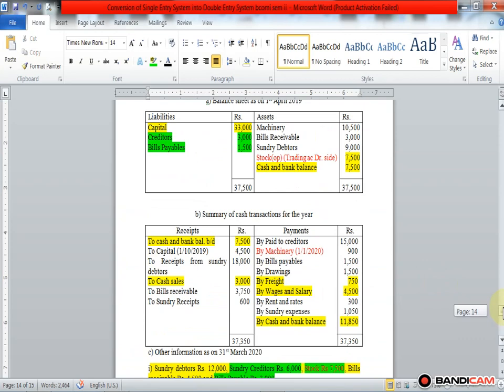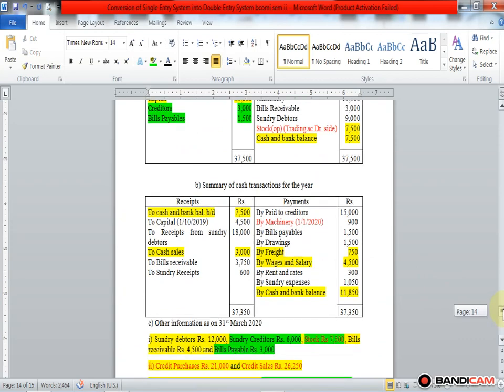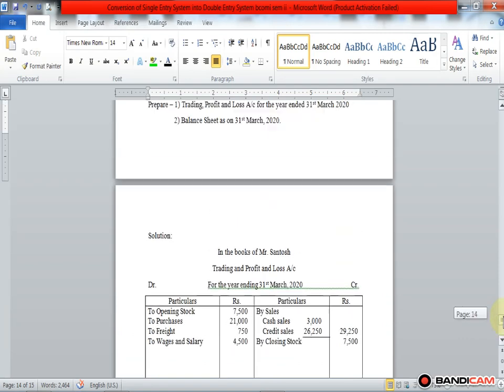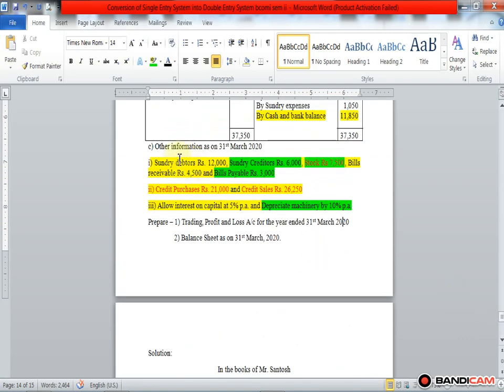Next asset is bills receivable. The closing balance of bills receivable is given to you in the additional information, that is amounted to rupees 4500, and that balance is transferred to the balance sheet asset side, that is bills receivable 4500.